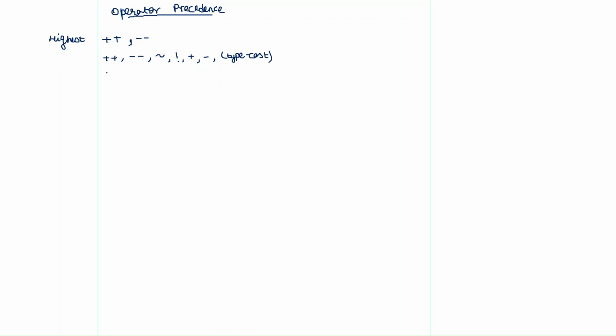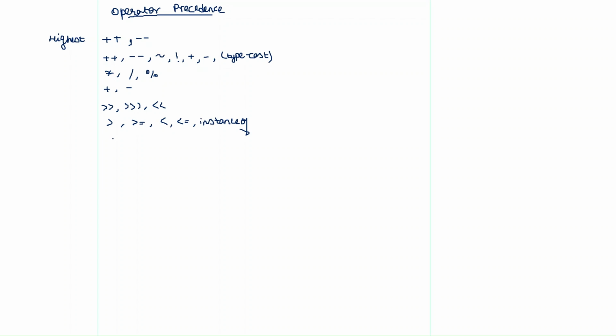Then there come multiply, divide, modulo. Then plus, minus. Then right shift, unsigned right shift, left shift. Then the relational operators, which are greater than, greater than or equals, less than, less than or equals, and instanceof.